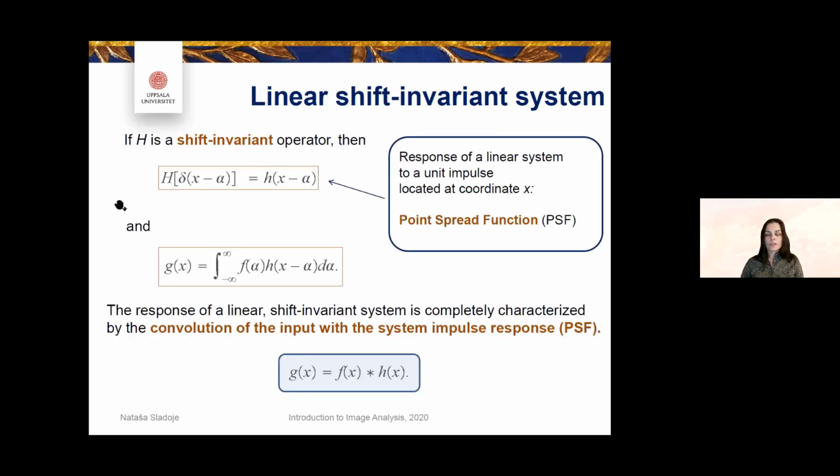Now, using the assumption of shift invariance of h, we can also say that this function will not be as general as we stated in the previous slide. Due to this shift invariance, this response will actually correspond to the shift that we have here.